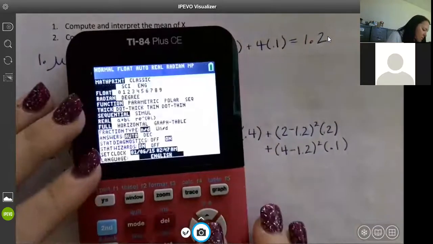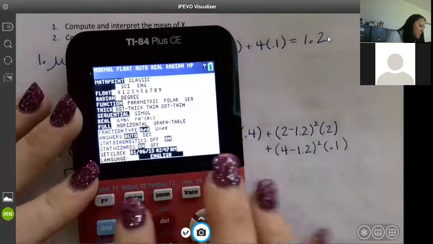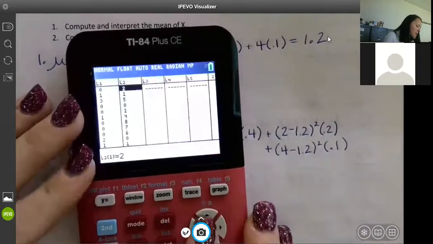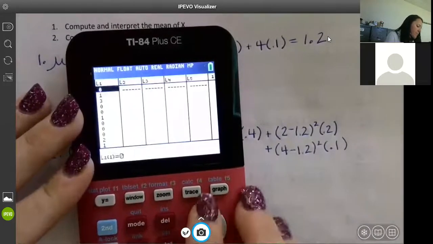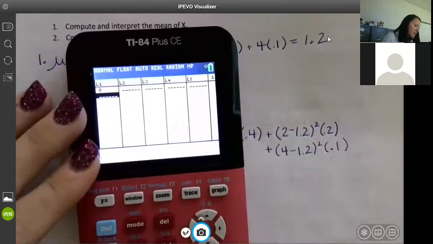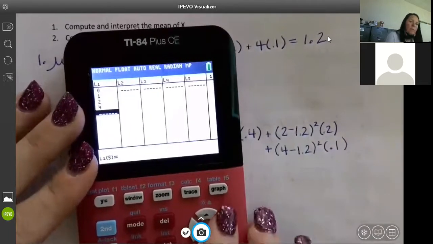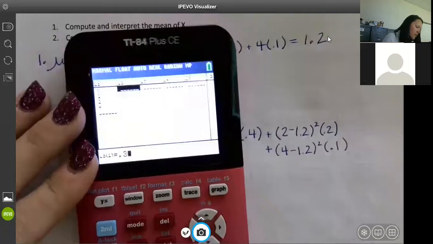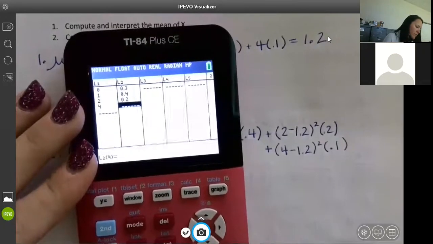All right. Stat diagnostics are on. Edit. 0, 1, 2, 4. And then 0.3, 0.4, 0.2, 0.1.